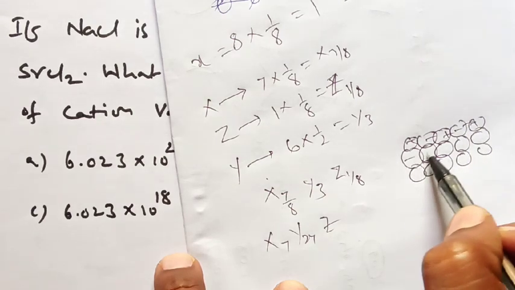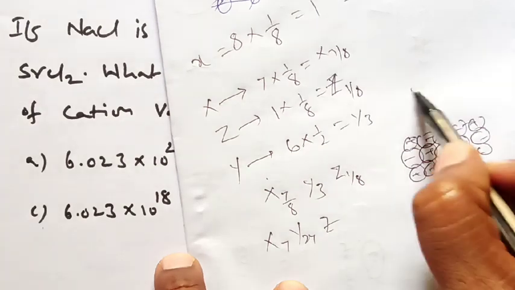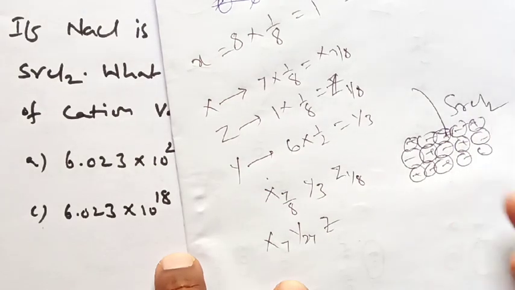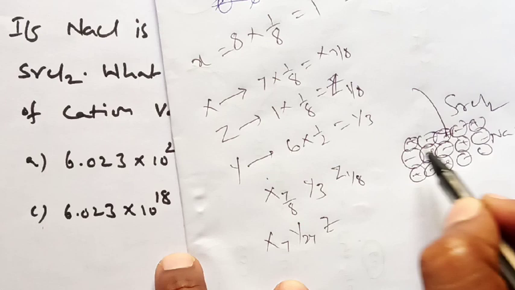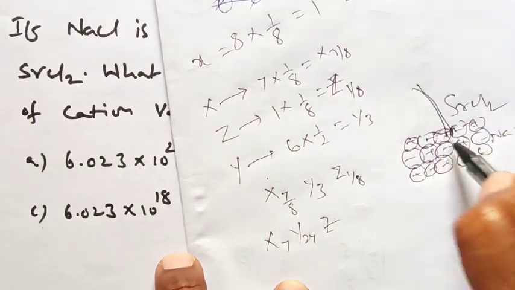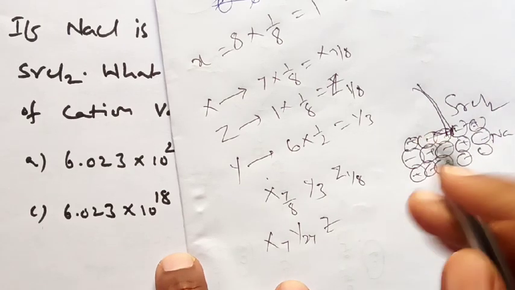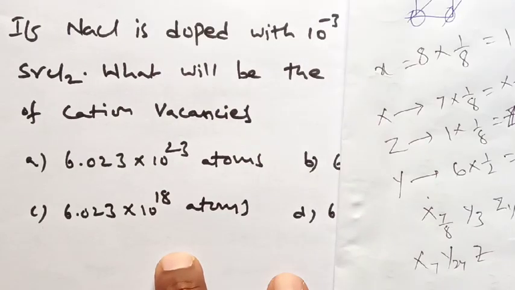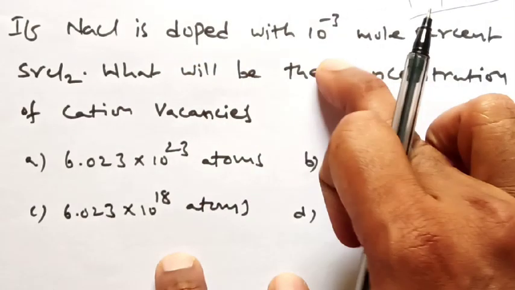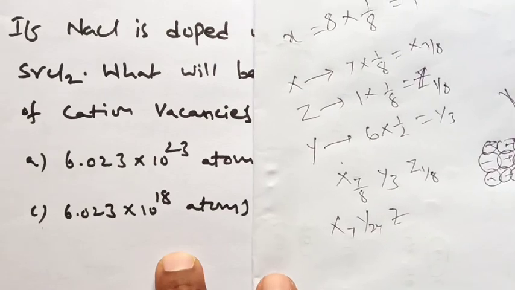In this they are introducing some SrCl2. Doping is nothing but introducing some other substance. So SrCl2 is introduced. How much mole percent? NaCl is doped with 10 power minus 3 mole percent SrCl2.